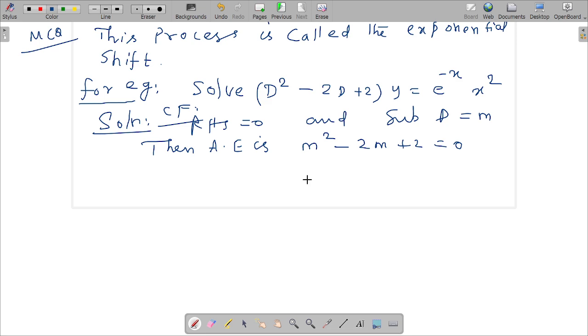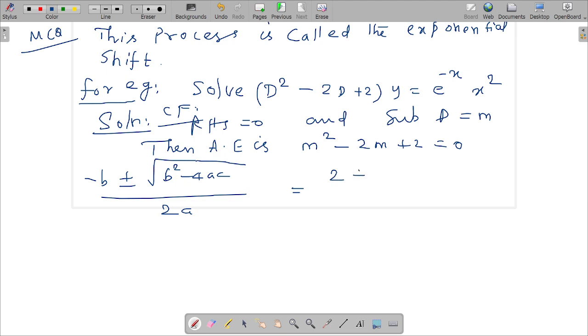Using the formula minus b plus or minus root of b square minus 4ac by 2a, we get m equal to 1 plus or minus i.